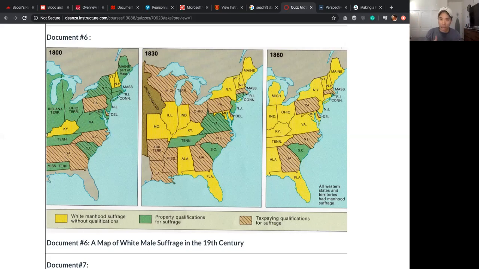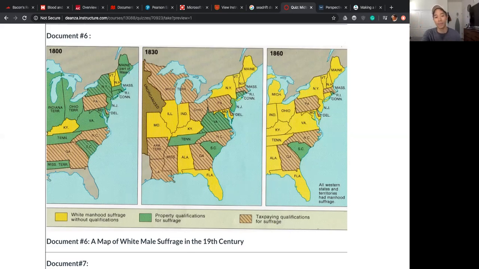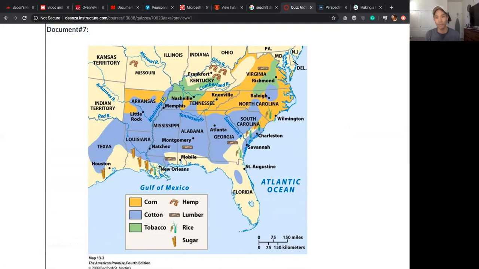Okay. And document number 6 should not be used by itself. In order for you to properly use document number 6, you're going to have to correlate the content in document number 6 probably with document number 7. Because here's the reality, guys.